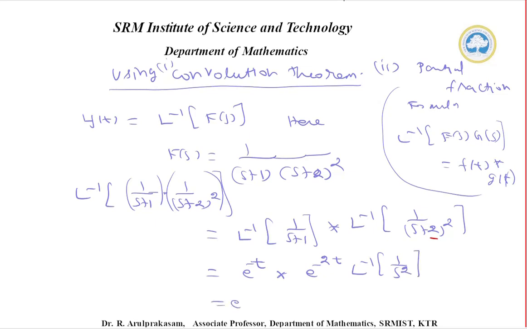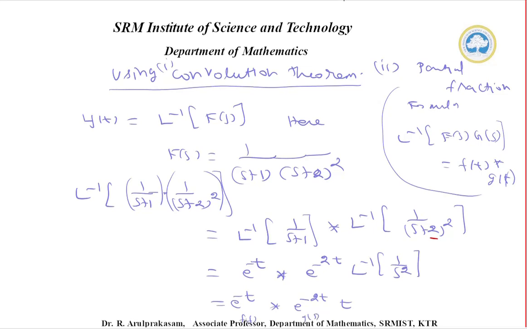So it is L inverse of e to the power minus t, convolution of the two functions, e to the power minus 2t times L inverse of 1 by s square, which is nothing but t, as you know very well. So this is the convolution of two functions, my f of t and g of t.